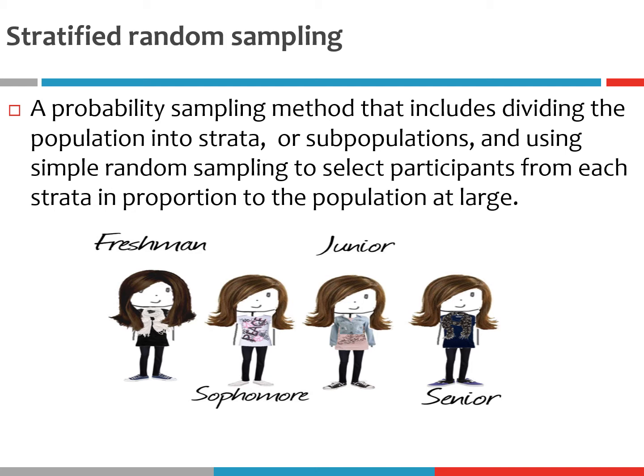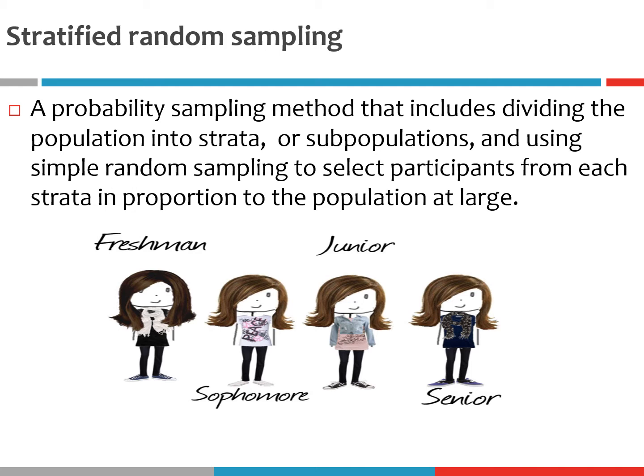So to do this, you might create 4 lists and draw, say, 20 random names from each list until your total sample is comprised of members of each class, right? So you have 20 freshmen, 20 sophomores, 20 juniors, and 20 seniors for a total of 80 participants, right?